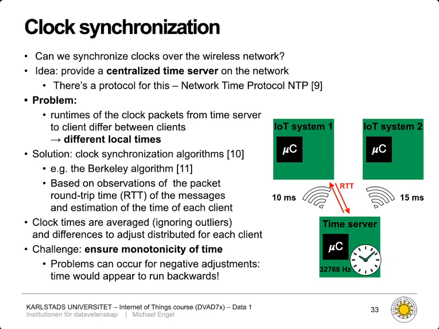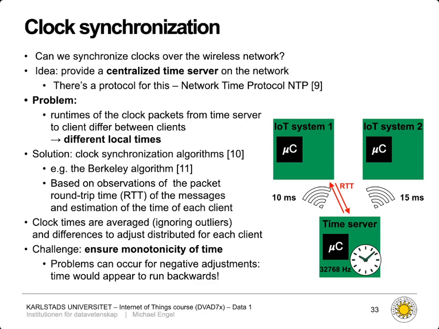So it has a different view to the time server. And on the right-hand system, IoT system 2, it takes a bit longer to propagate. It takes 15 milliseconds. So even though we try to synchronize the information by the time the signal arrives at our IoT systems, which are supposed to synchronize the time, both systems are already 5 milliseconds out of sync.